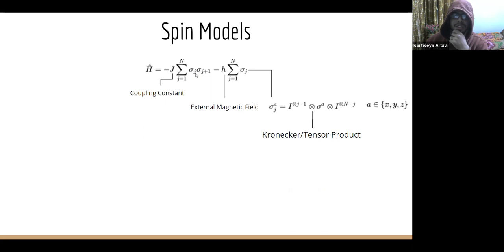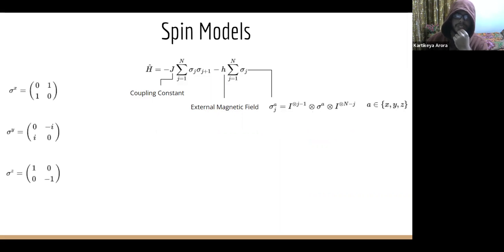As we can see, the subscript is j plus 1, so there is a nearest neighbor interaction, and the interaction energy between them is described by this coupling constant J. The h here is the external magnetic field, and sigma j is the response to the external magnetic field, if you say. And the Pauli matrices sigma x, sigma y, and sigma z combine to form these sigma j and sigma j plus 1.